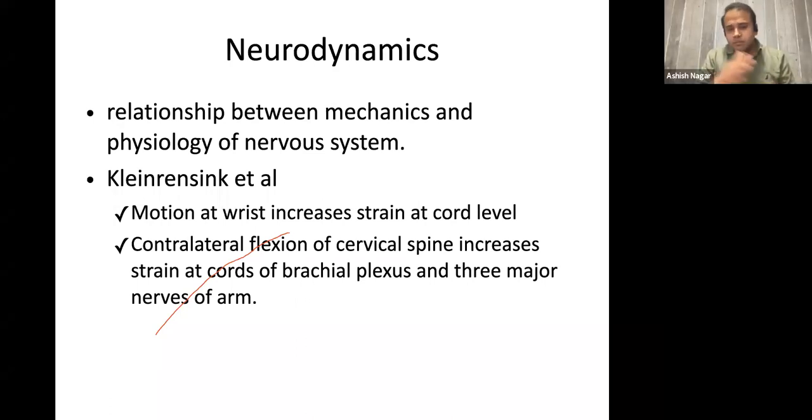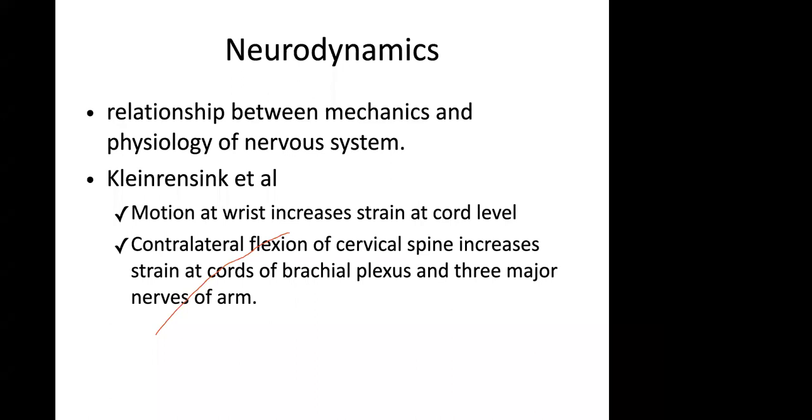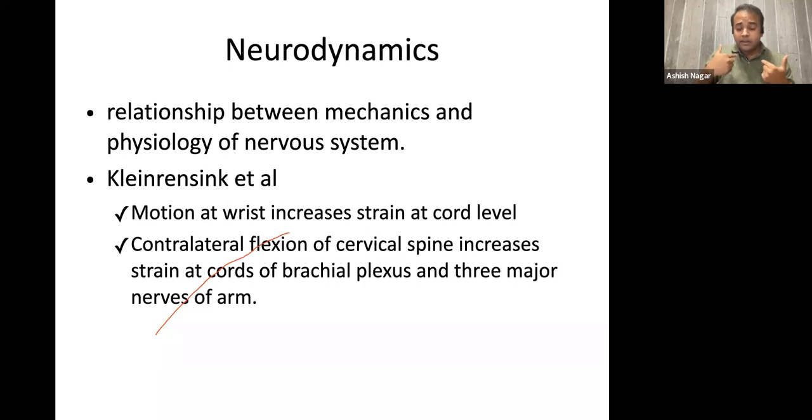Now, there is various evidence to prove that. One of them is Climber and Sink et al. You can always access the whole article to read it, but two important points are that any motion at the wrist can actually strain your spinal cord. So even if you're just trying to extend your wrist, it will strain your spinal cord.